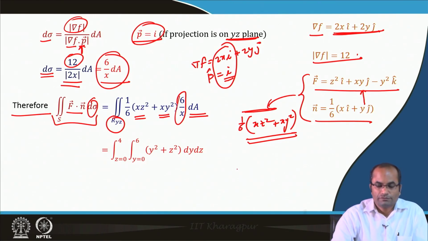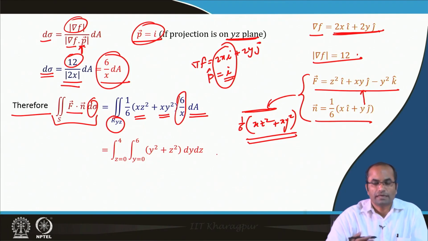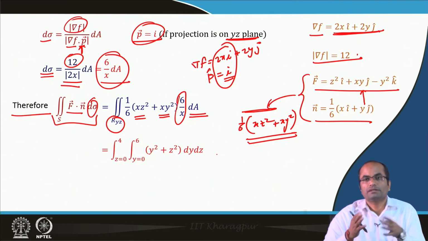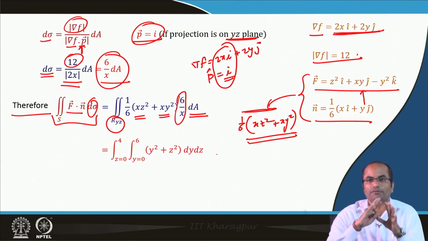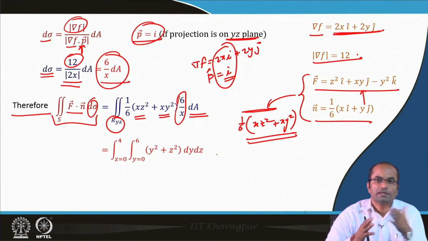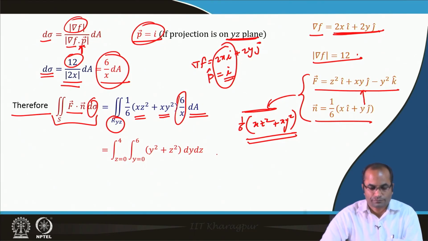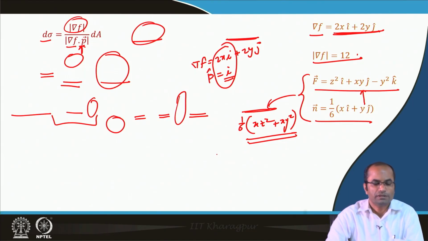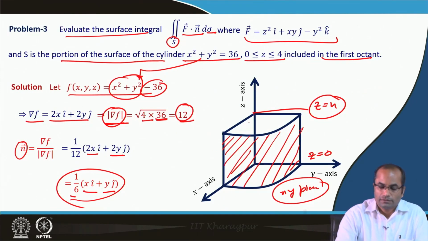So, the projection, if we have to see that, again it will be a rectangular shape, because we have already seen in one of the previous examples that we have the cylinder there, and if it is projected on the yz plane, it is going to be a rectangle here.